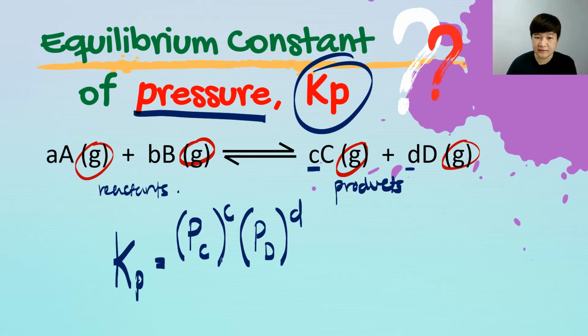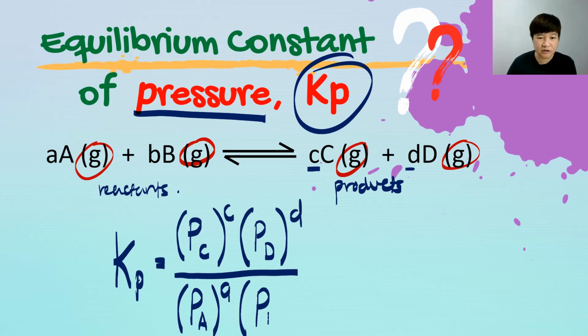Look at the bracket, it is different and we are using the symbol of partial pressure. Over the partial pressure of A to the power of its coefficient and the partial pressure of B to the power of its coefficient. And that is how we write the Kp.